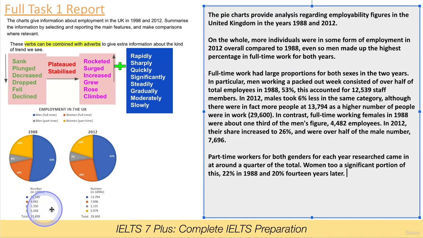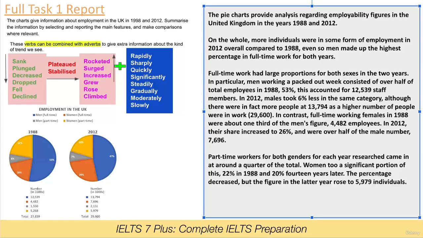However, their figures didn't increase by that much, really. Oh, well, they decreased, but the figures increased. The percentage decreased, but the figure in the latter year rose to 5,979 individuals.